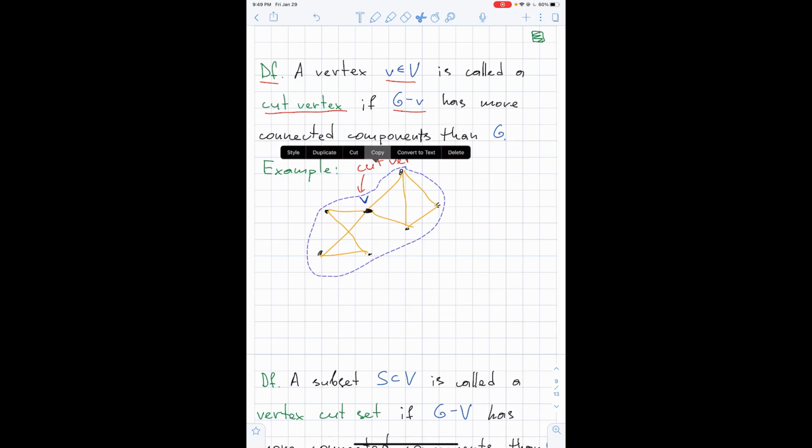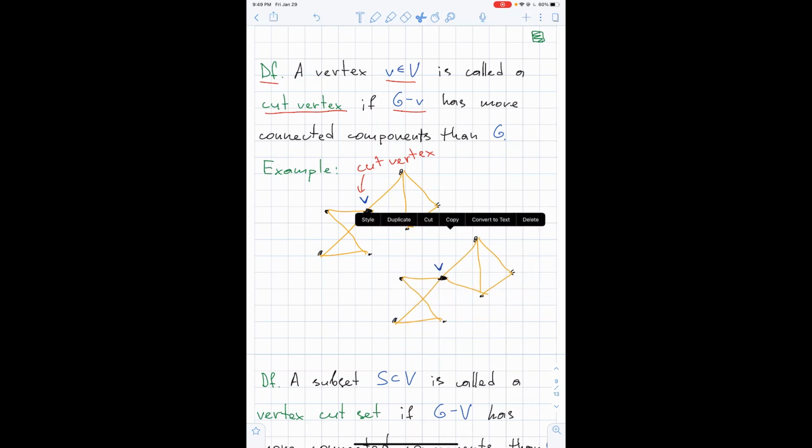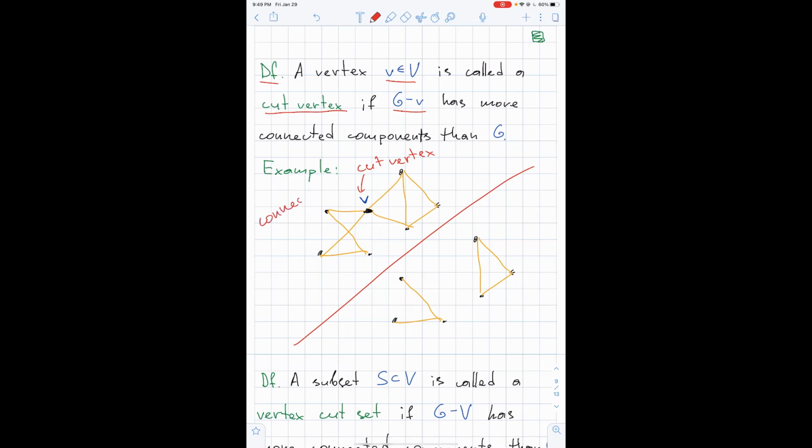So let's see. I take a copy, and now I just remove V, so I have to remove all the edges from V, and then V itself. So that's what is left, and that's clearly disconnected. So it was connected before.